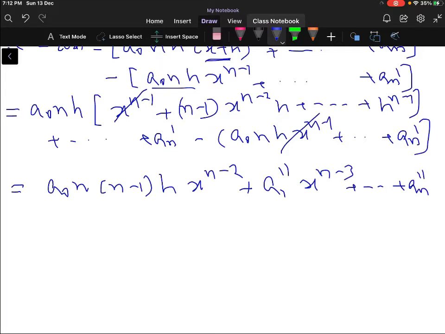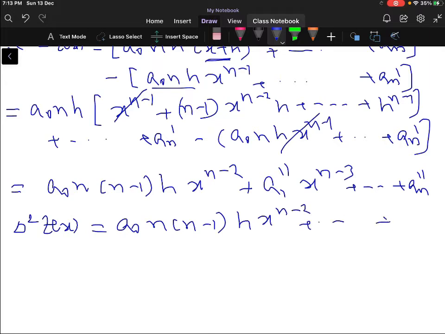So a1 double dash and so on n double dash is constant here. So delta square f of x is equal to a naught into n minus 1 into h x to the power of n minus 2 and so on plus n double dash, is a polynomial of degree n minus 2.